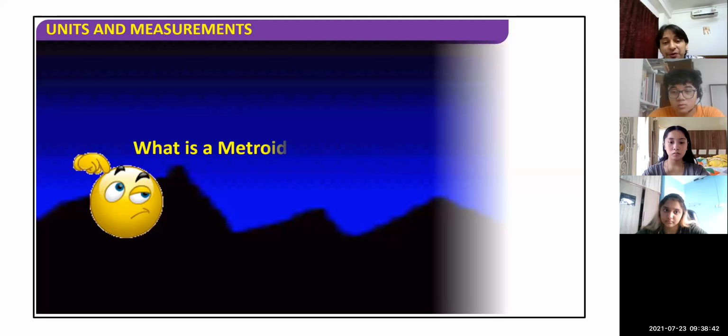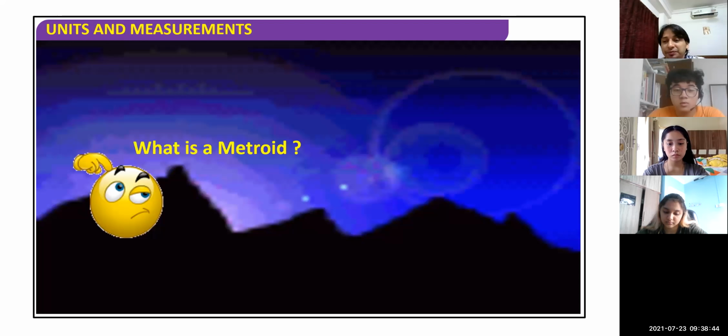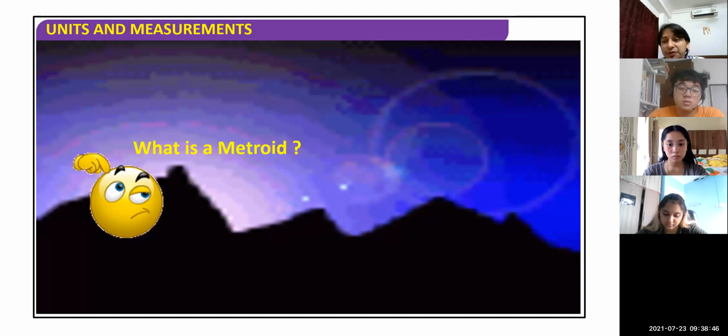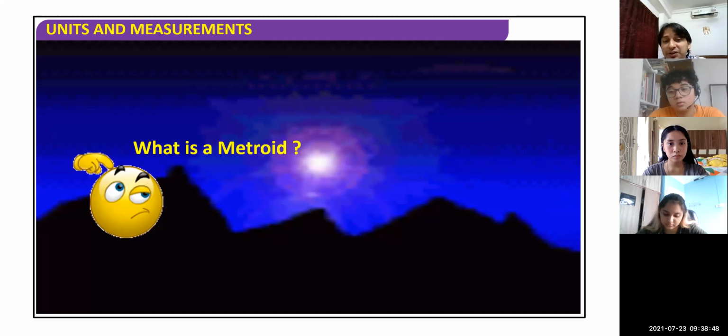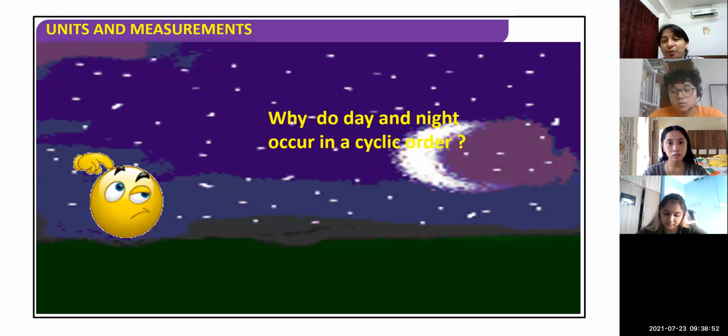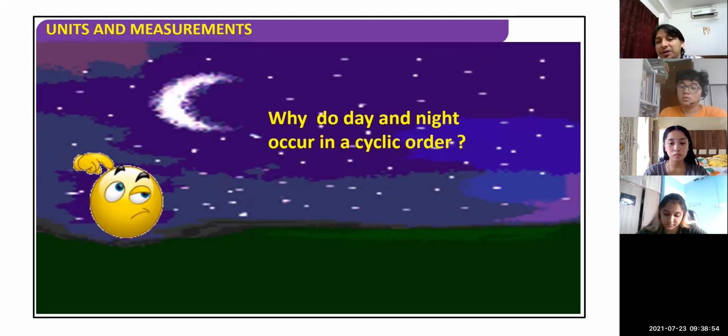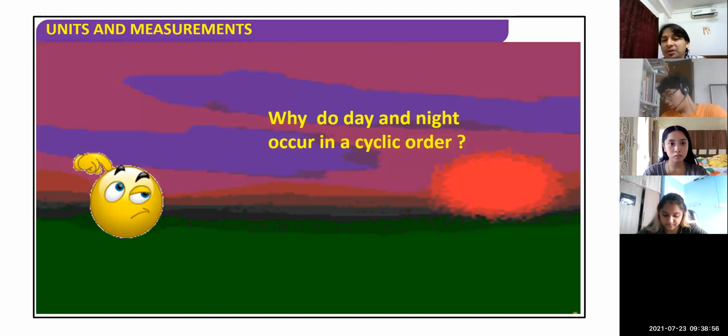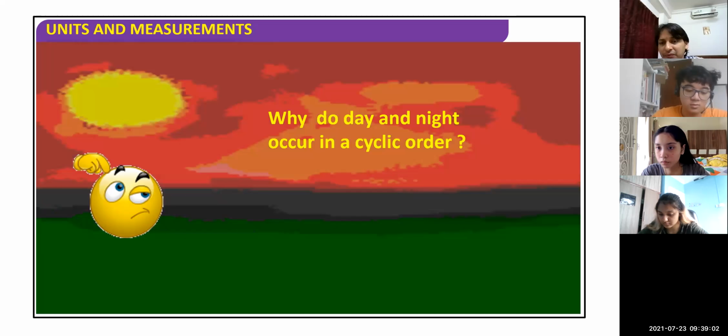Then the next is, what is a meteoroid? For the students who are interested in astrophysics, what is a meteoroid? And then, why do day and night occur in a cyclic order? Cyclic order, after 24 hours, means morning is there, evening is there, day is there, night is there.